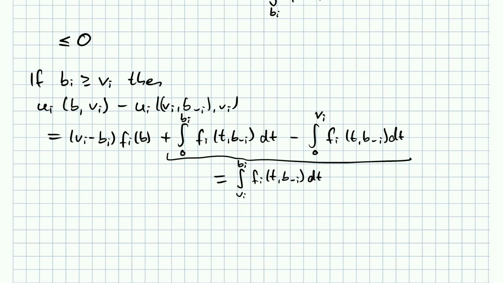This here cannot make up for the value that is lost, because this will be at most, if we take bi minus vi times the maximum value that we ever see in this interval, which is bi, and then we'll also get that this is non-positive.